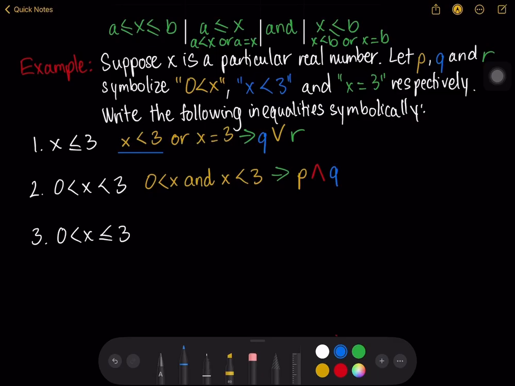Okay, the third one we have 0 less than x less than or equal to 3. Let's break it down. First we have 0 less than x and x less than 3, or x equals 3. This one is a term in parentheses, right? Okay, let's do it symbolically. Go ahead and pause and do it by yourself.